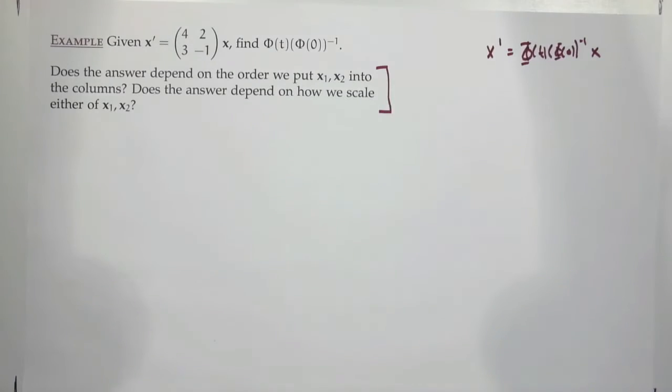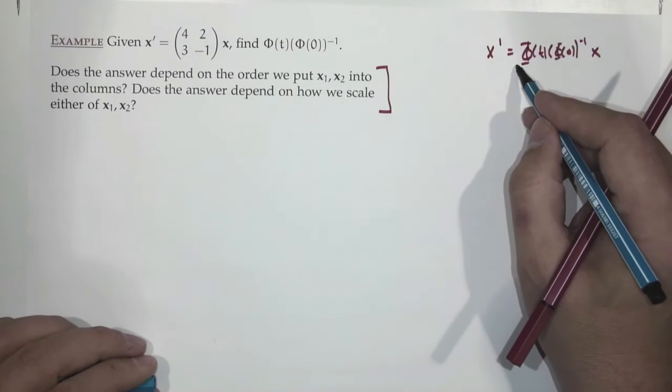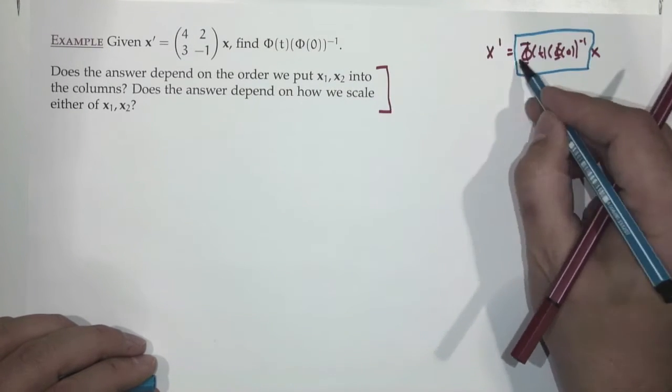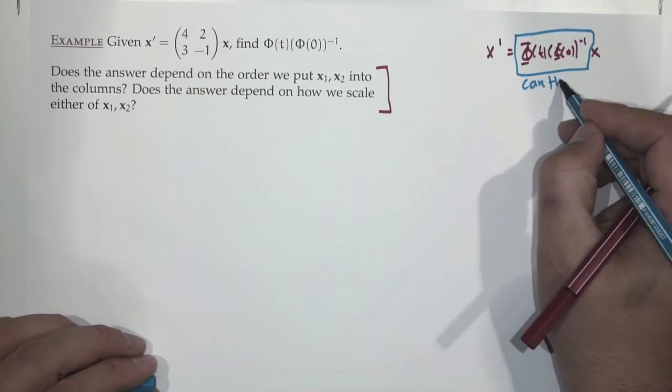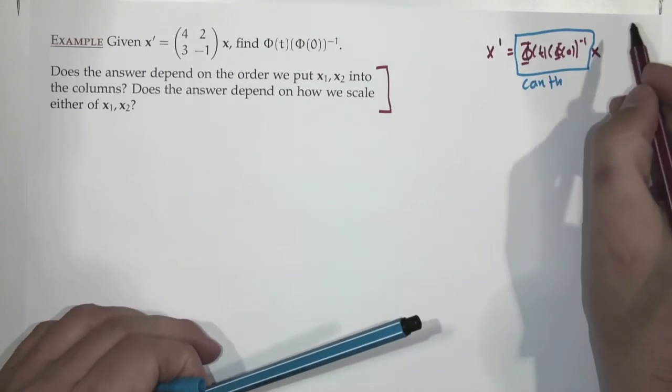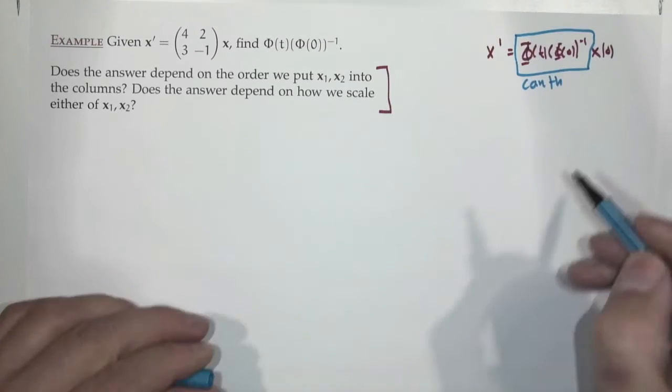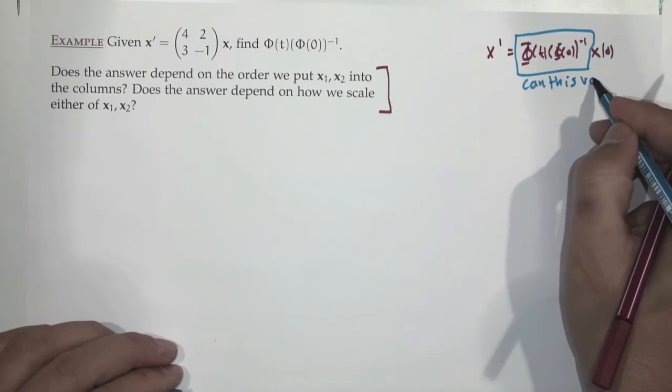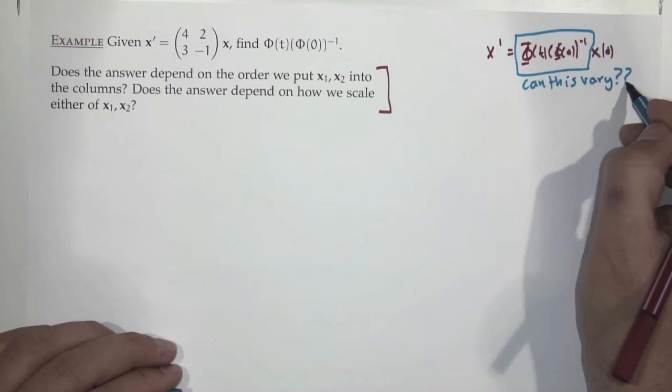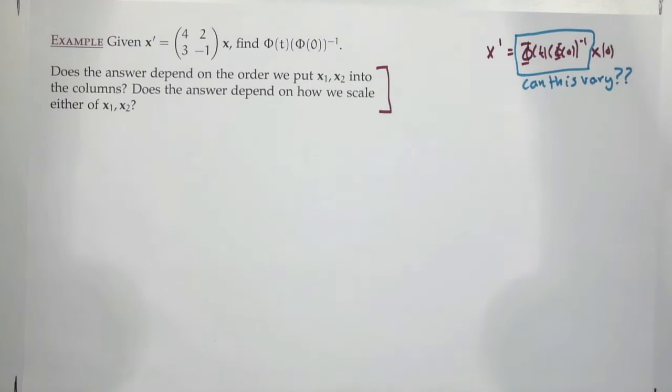Okay. So this is the part we're asking, can this vary? Whoops, I forgot to put an x0 there. Can this vary? So that's my first question. And my second question is, why not?